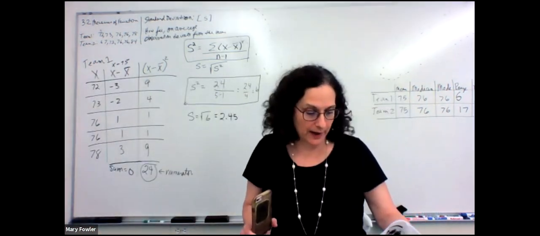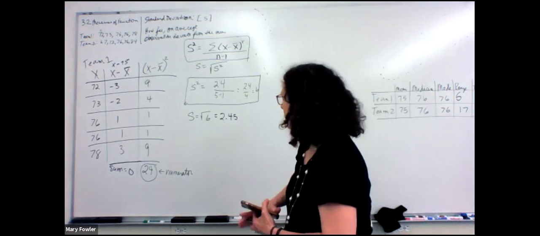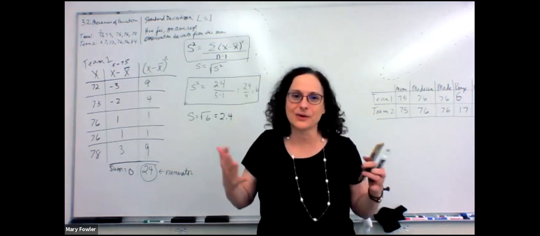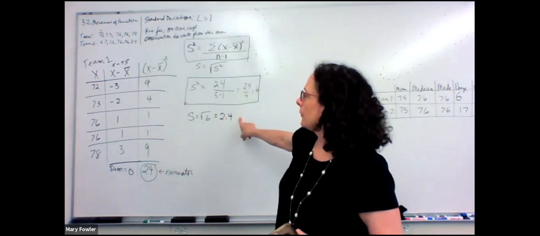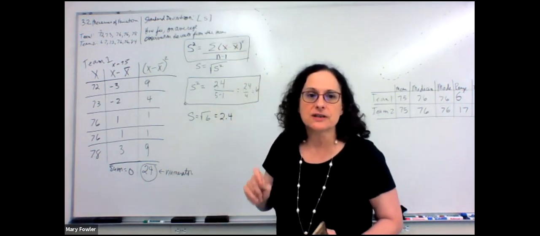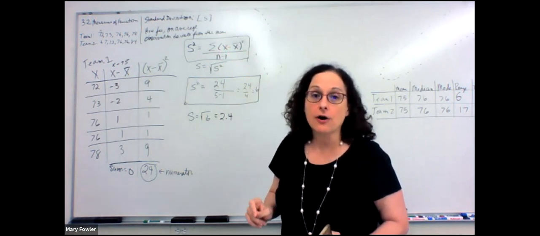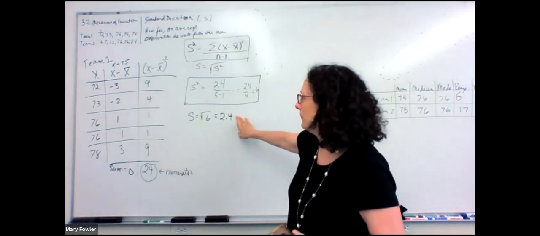And to interpret that, in the notes, I think I have that as 2.4. So maybe we can even keep it there so that the video lines up better with the notes. So if we go back to the definition, standard deviation is how far on average observations are from the mean, okay? And this standard deviation is 2.4.